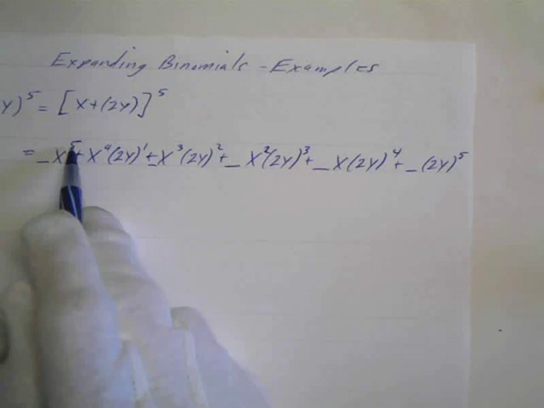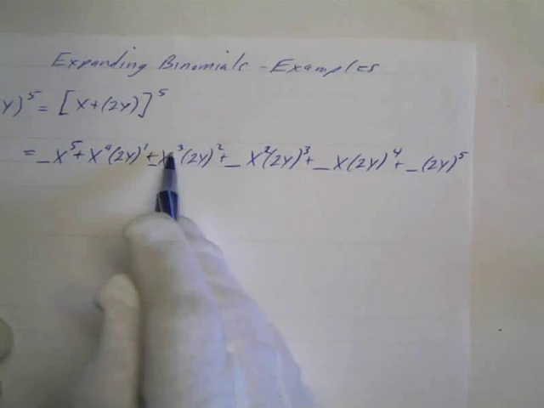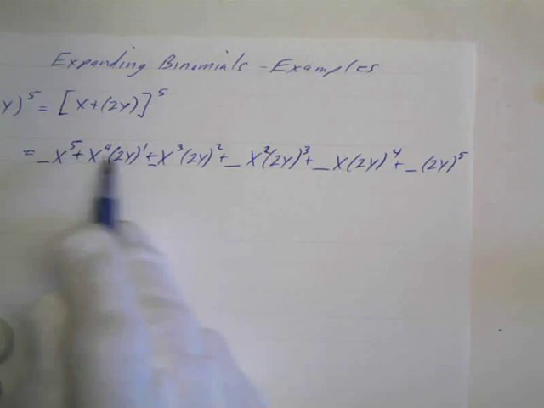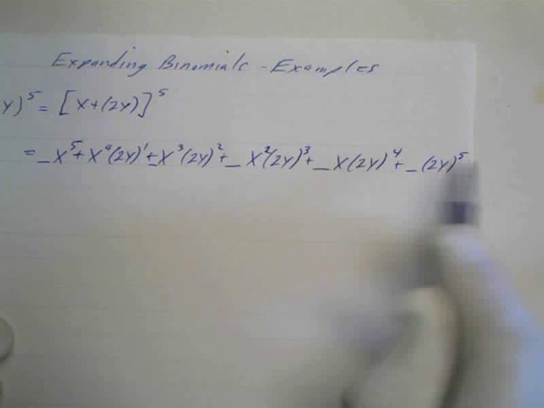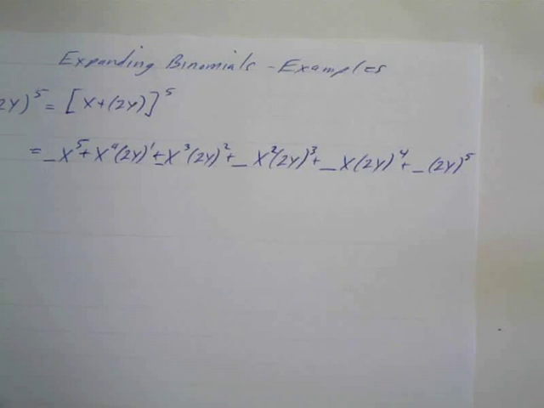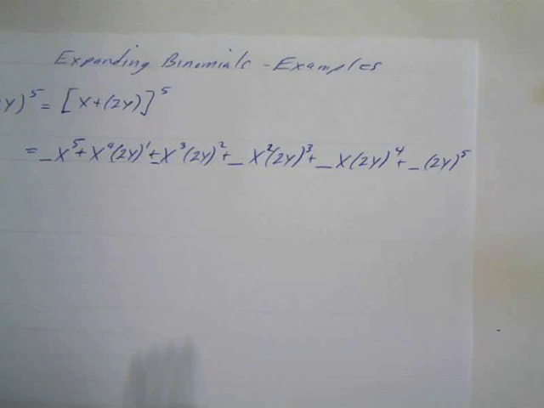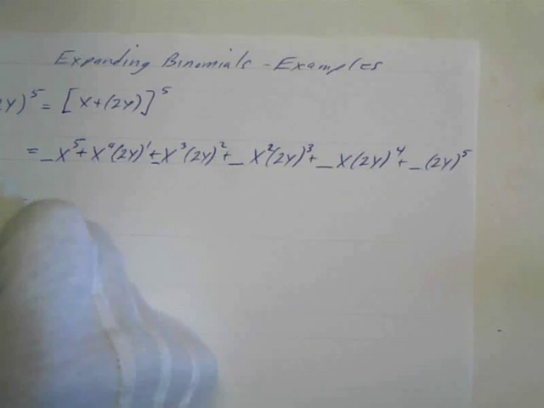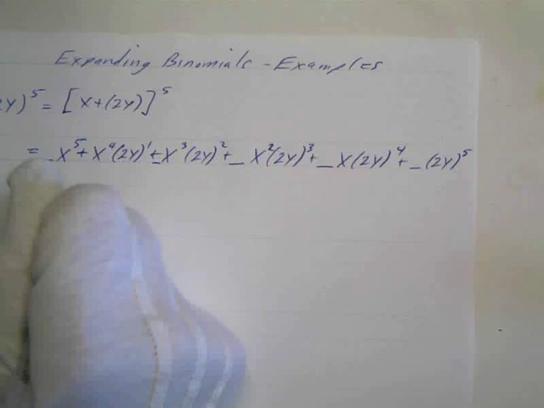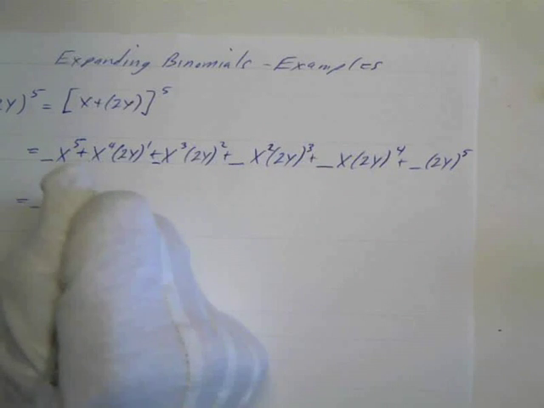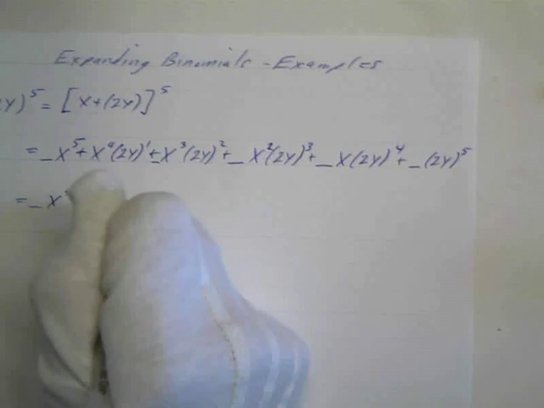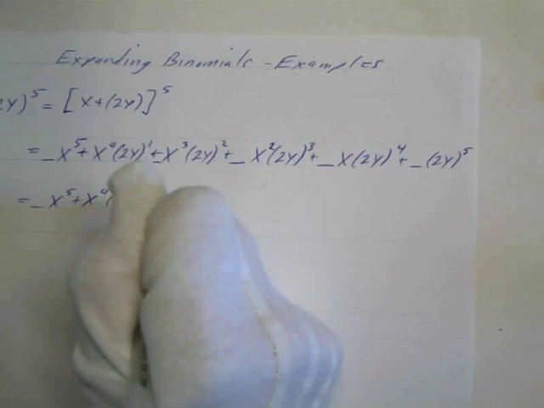Check your exponents: 5, 4, 3, 2, 1, 0 for the x, and 0, 1, 2, 3, 4, 5 for the y. We'll put our Pascal numbers in later, but first of all, let's simplify this so you see how this works out. 2y to the first is just 2y, so I just write that.